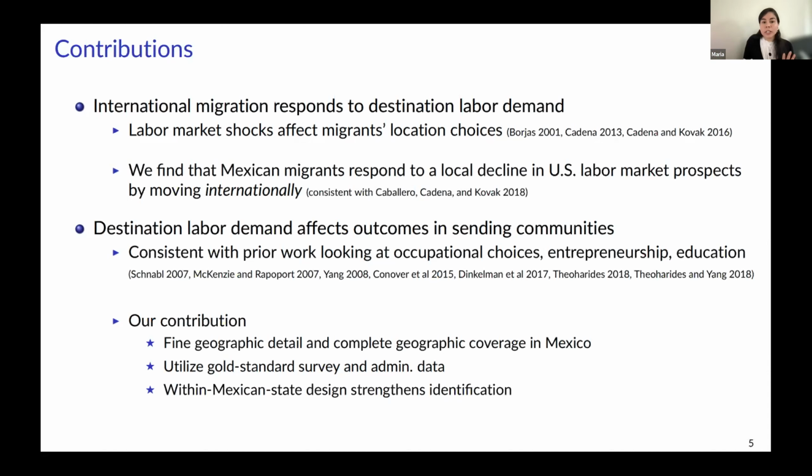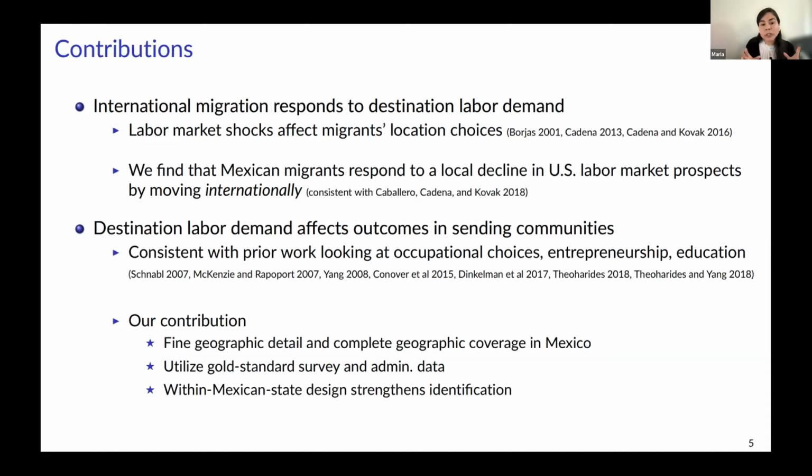The other strand of the literature that our research relates to is all this literature showing that changes in destination labor demand have effects on different outcomes in migrant sending communities. So our results are consistent with prior work showing effects on occupational choices, entrepreneurship, and education.